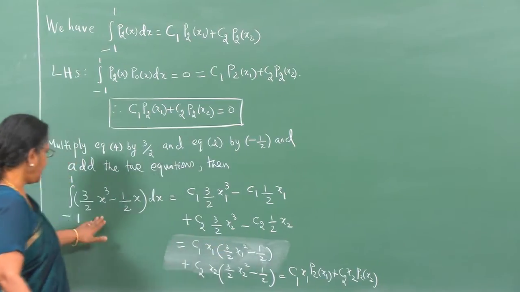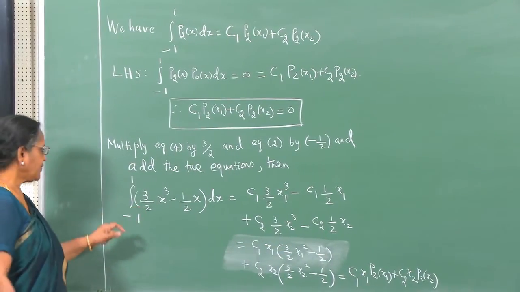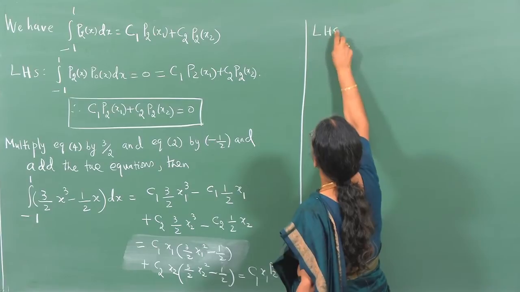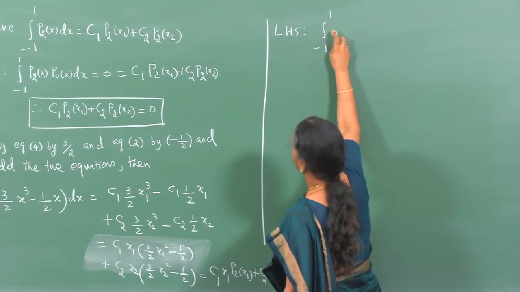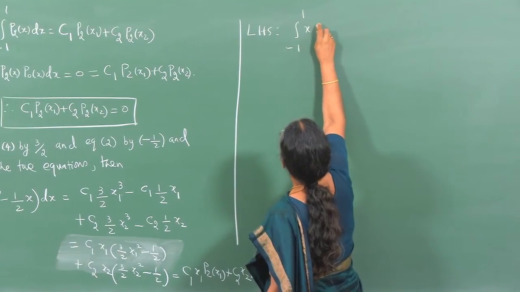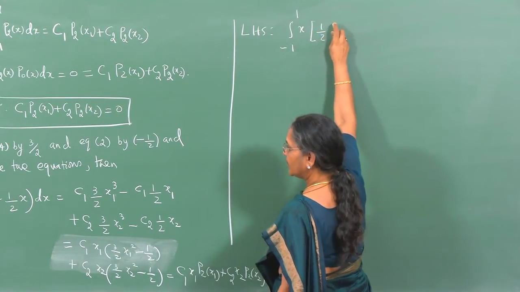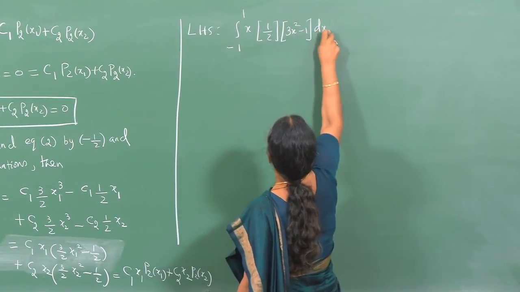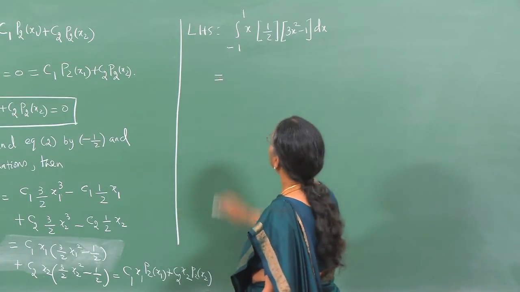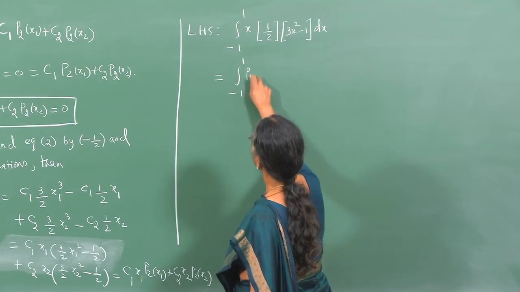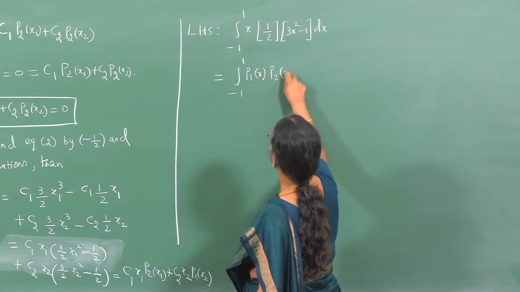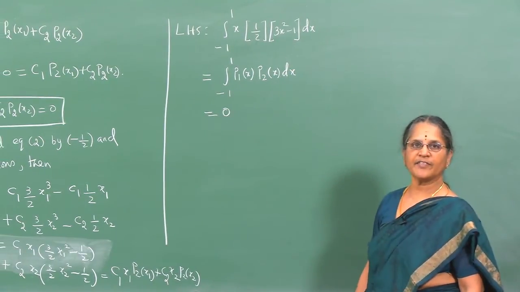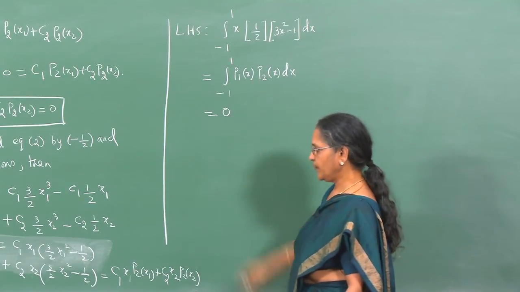Now, let us look at the left hand side. So, we have left hand side as integral minus 1 to 1 x into half of 3x square minus 1 integrated with respect to x, and that is integral minus 1 to 1 p1 of x into p2 of x dx, which is again by the orthogonality property of the Legendre polynomials 0.